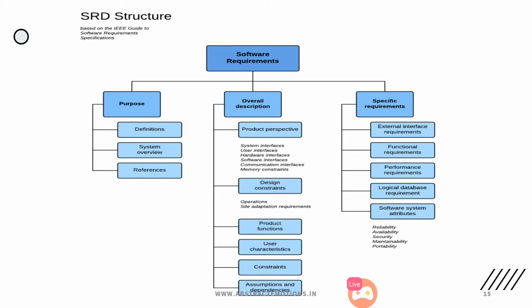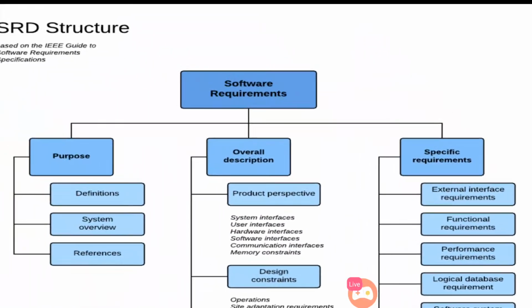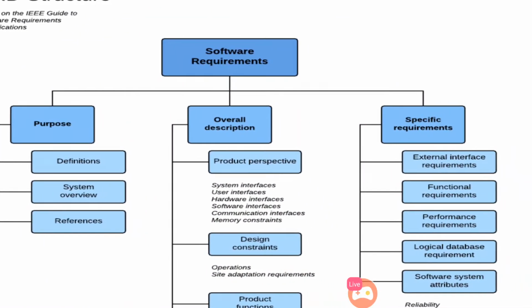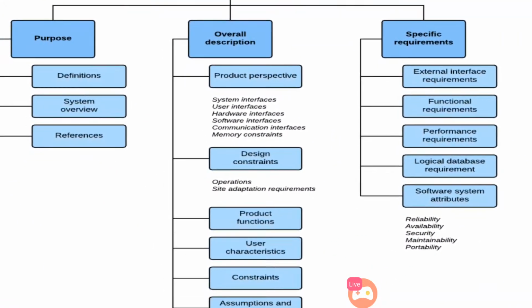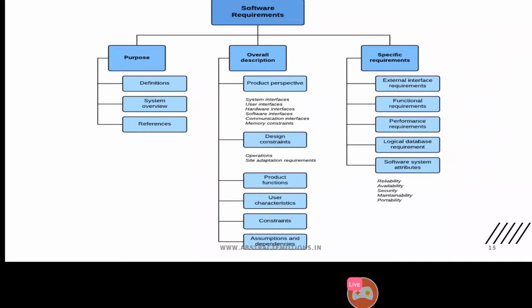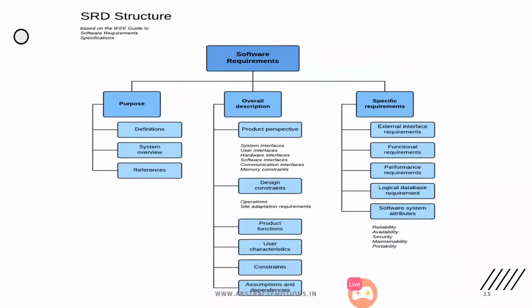Let's see what that document looks like. That's one of the examples. You can see there is purpose, overall description, and specific requirements. It is one of the software requirement documents where the software team gathers the information.